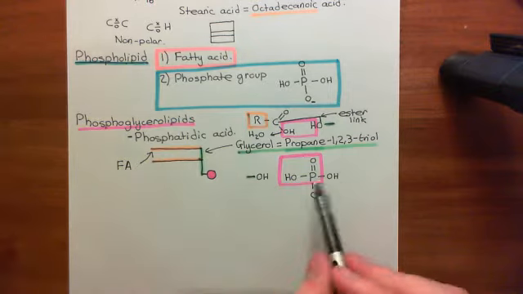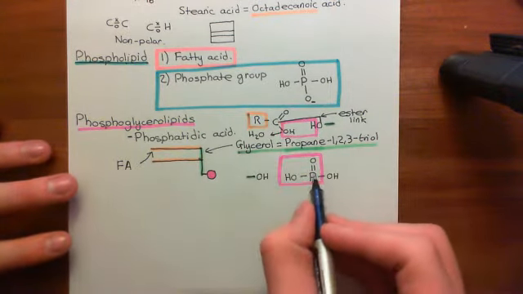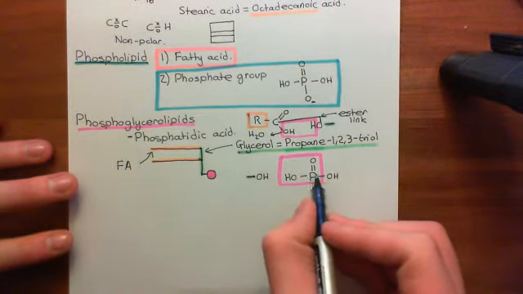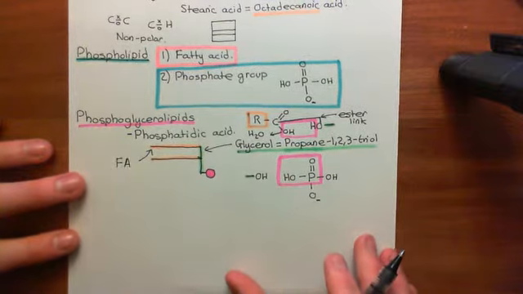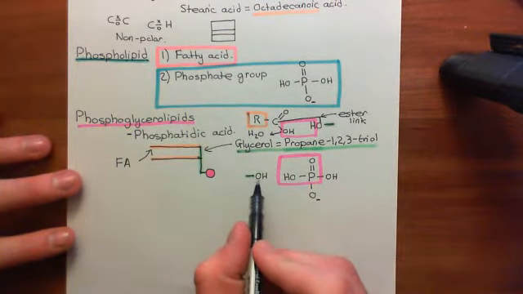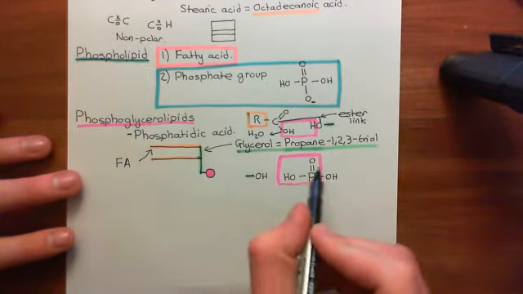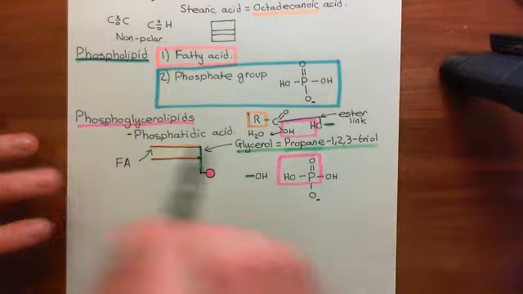That looks extremely similar to a carboxylic acid group up here. In fact, if I replace that phosphorus atom with a carbon atom, that would be a carboxylic acid group. So this is going to react with this alcohol group in much the same way as the carboxylic acid group interacts with an alcohol group.